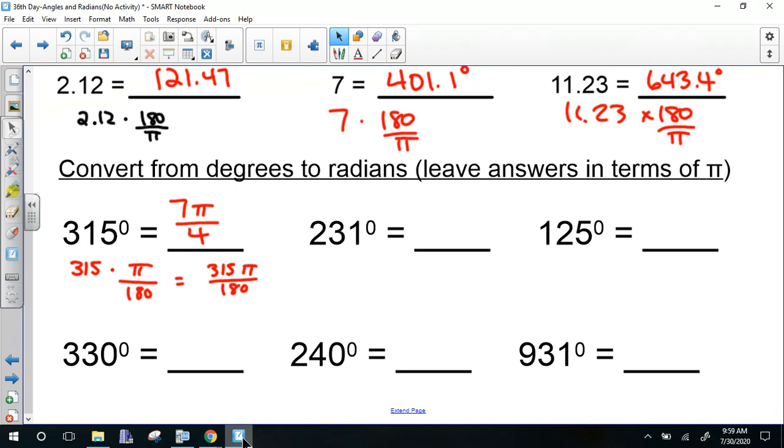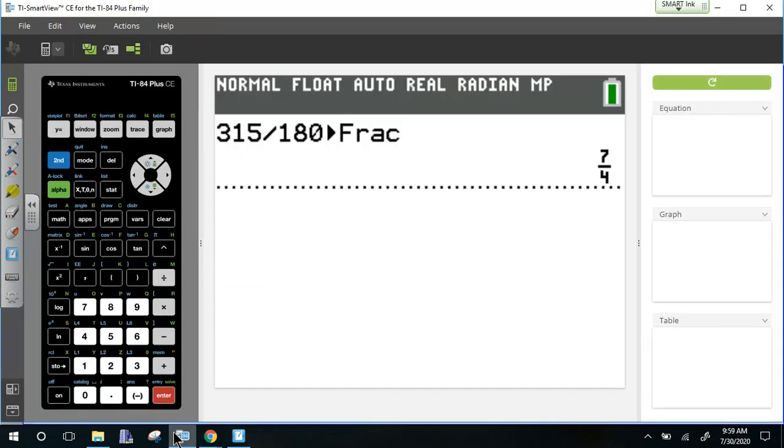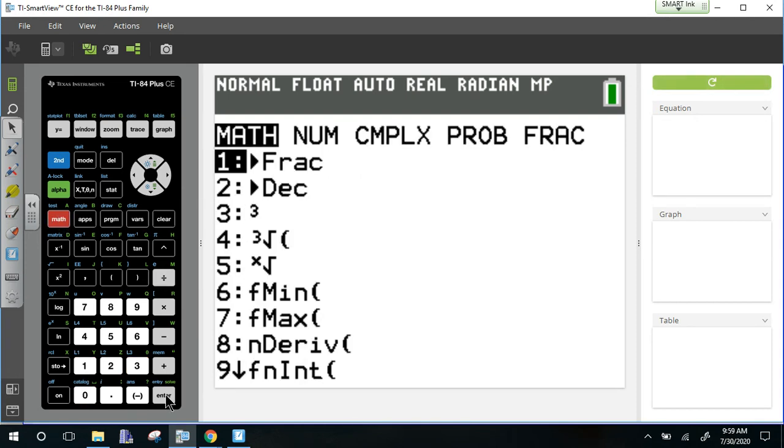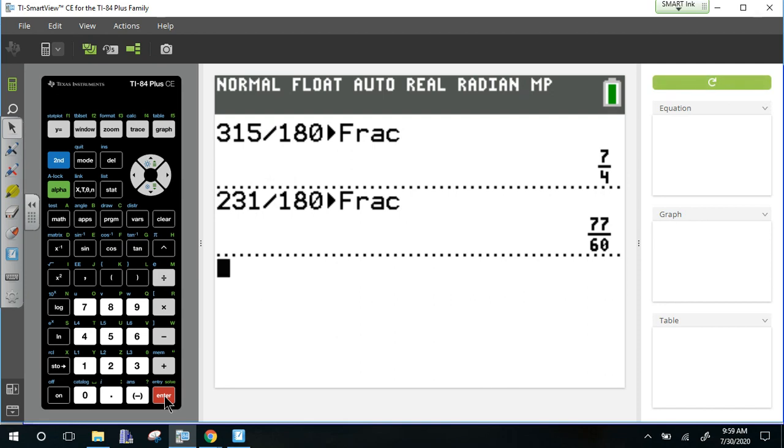Okay? Next one, 231 times pi over 180. We need to try and reduce 231 over 180. 231 divided by 180. Math, enter. 77 over 60.